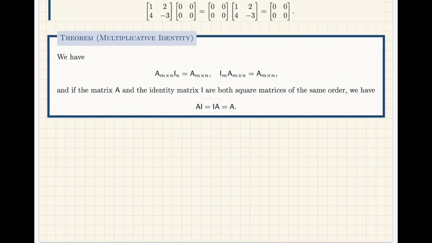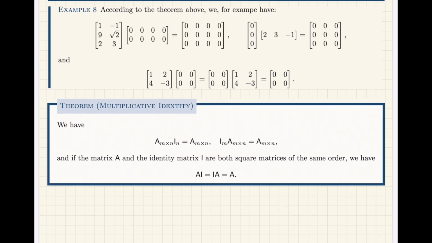Now this one I want to talk a little bit more. This is also another similarity between matrix algebra and number algebra. In numbers I can multiply any number by 1 and the answer is the number itself. It's more or less the same with matrix theory if I give the role of 1 to the identity matrix. Okay?